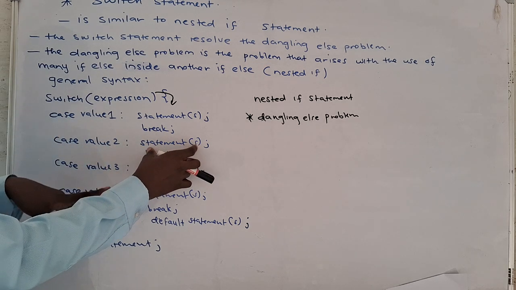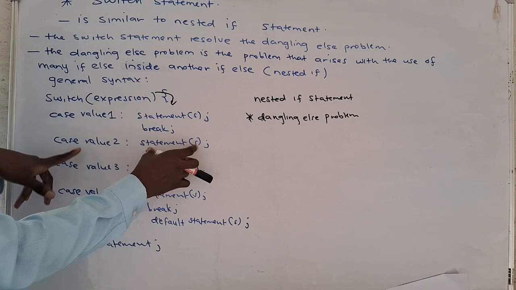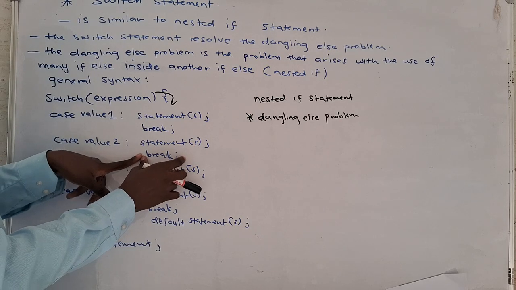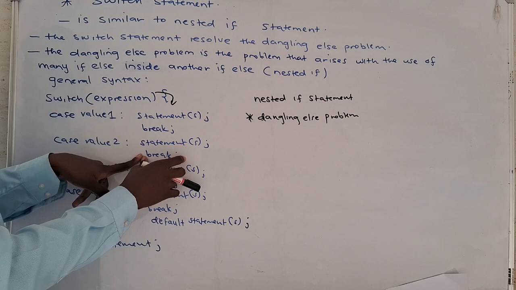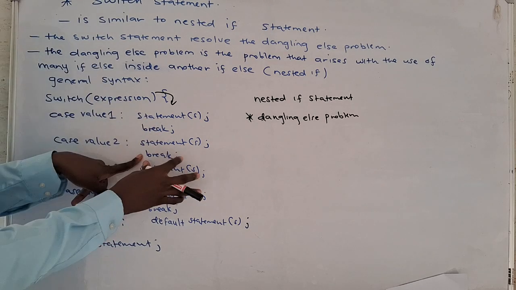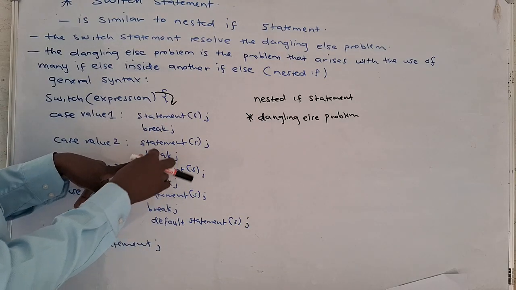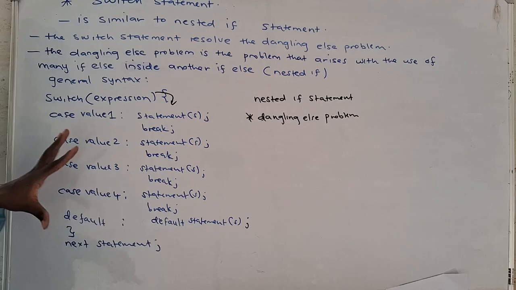After the execution of the statements under case value 2, it is going to encounter this break statement. What is the purpose of this break statement? The break statement is going to direct the control out of the switch body.